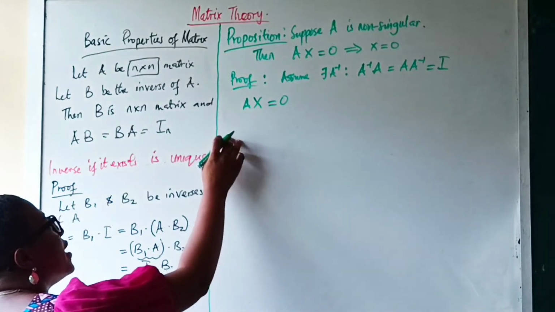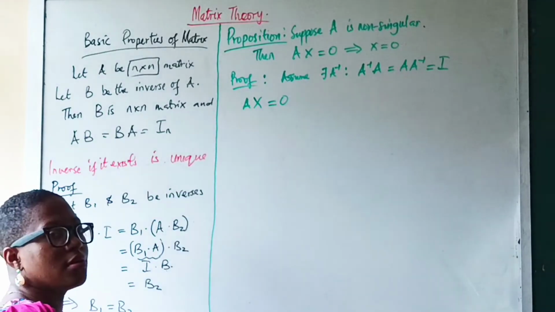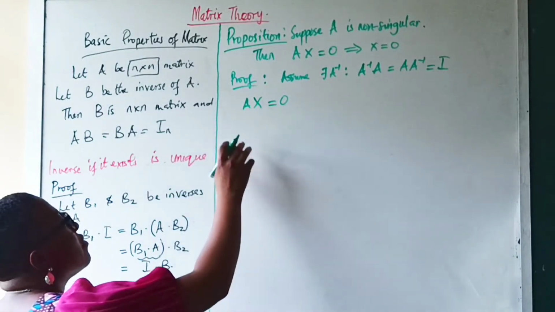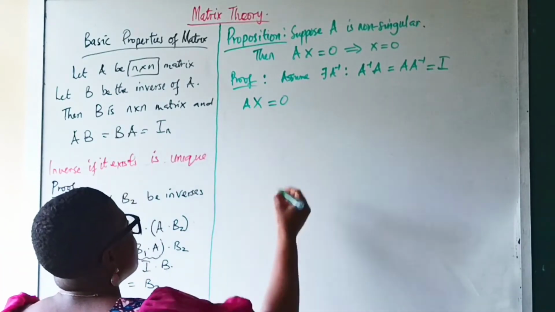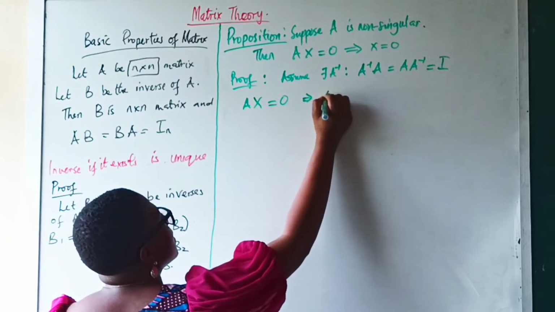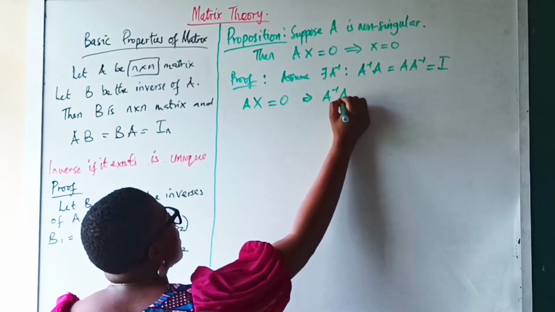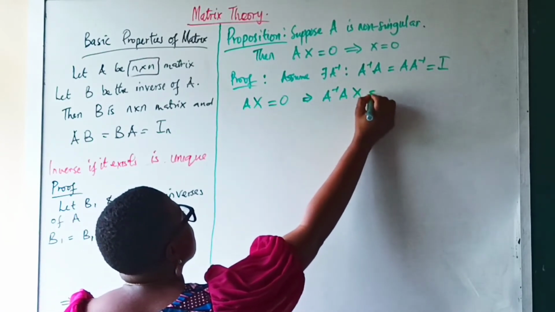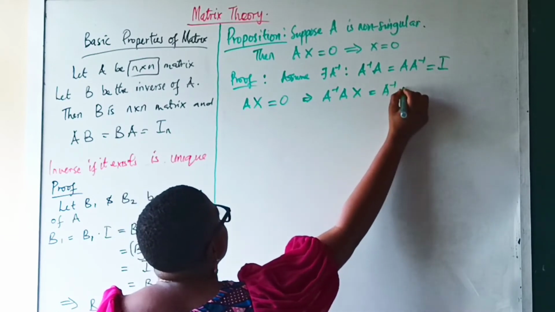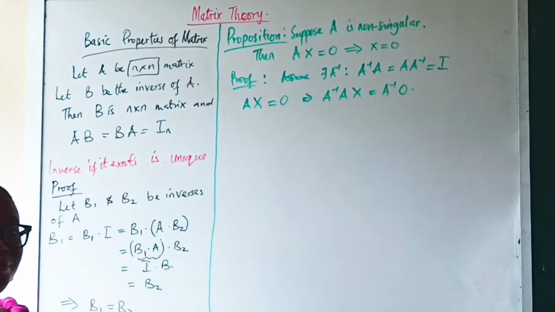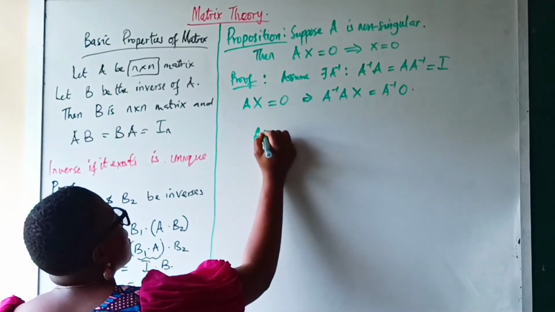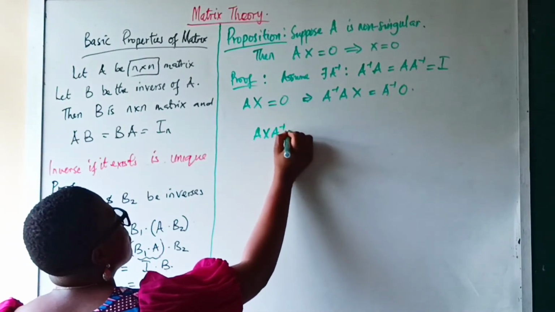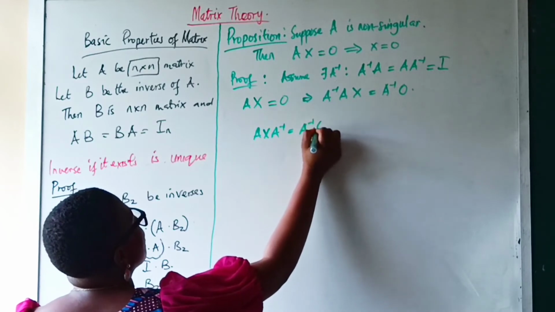I can multiply A inverse from the left. So this implies that A inverse times A times X is equal to A inverse times 0. Now be careful. Don't go and write A times X times A inverse is equal to A inverse times 0.